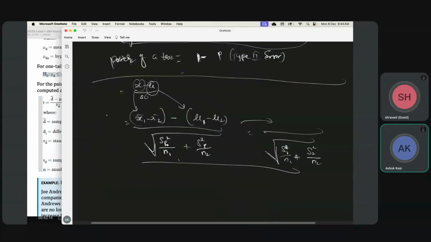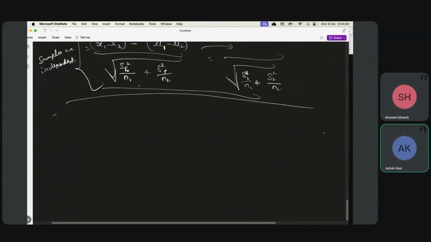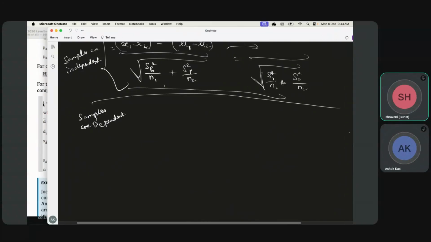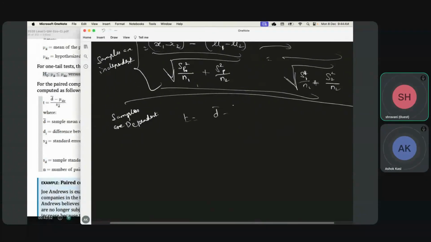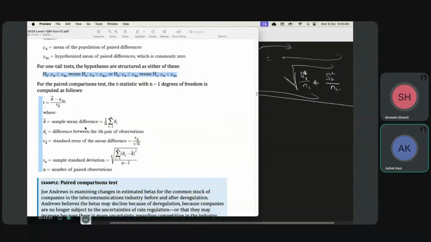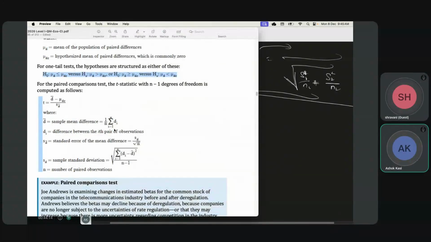What we did previously was for independent samples. Now the samples are dependent, and this is the sample mean difference. Again, these kinds of videos are already uploaded.